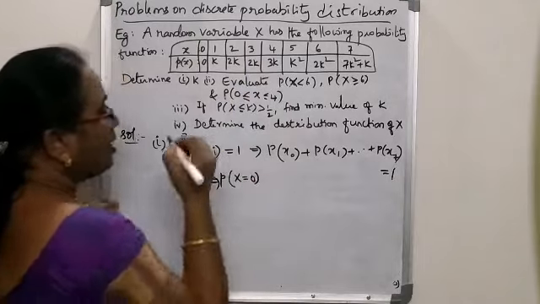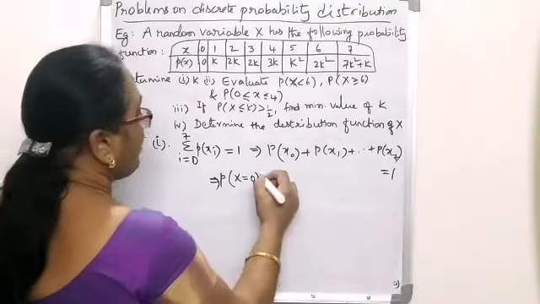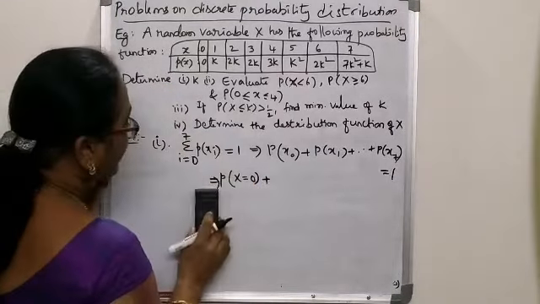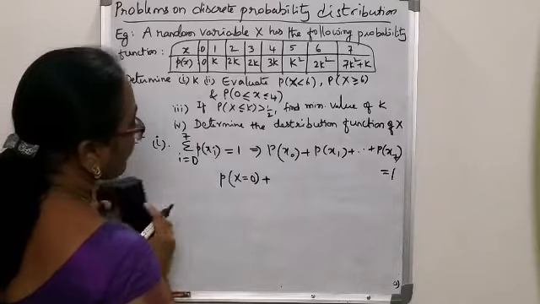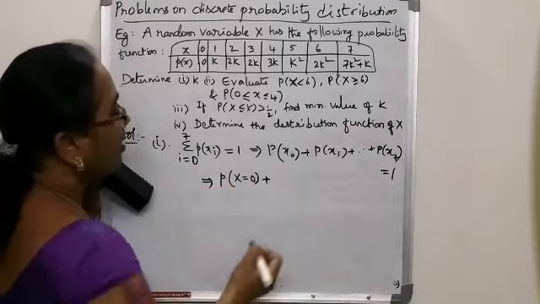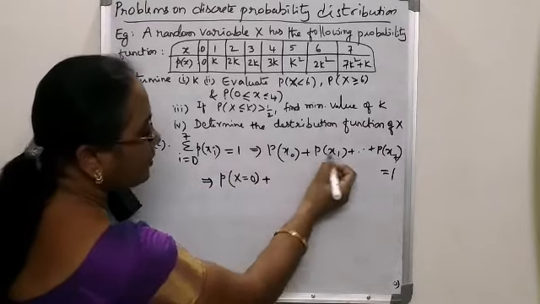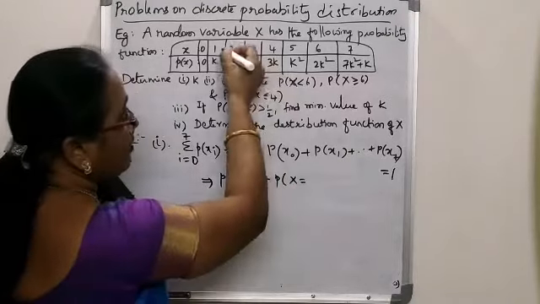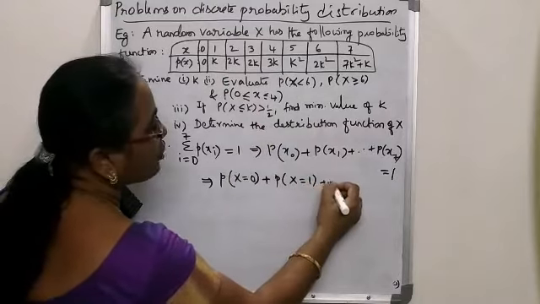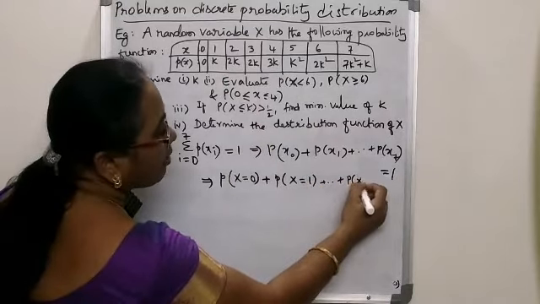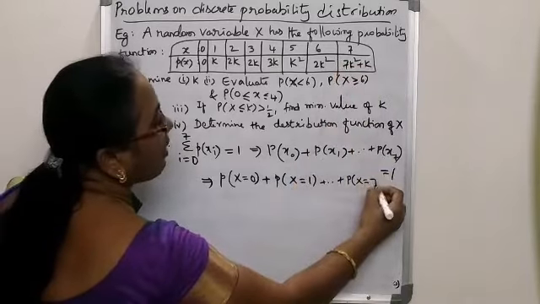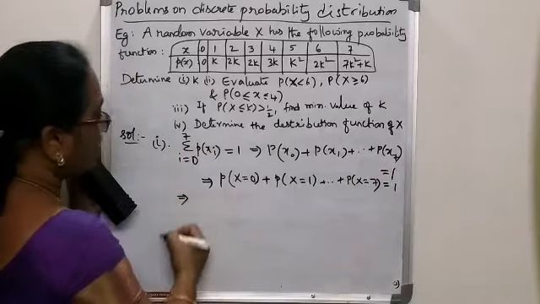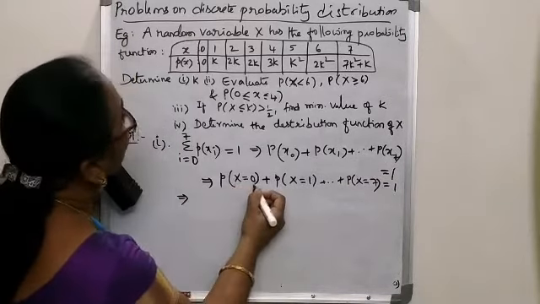So probability that the random variable is 0, plus, next is p of x1, the probability that the random variable is x1, the second value 1, and so on, plus the probability that the random variable is equal to 7. The total must be equal to 1 by our property.